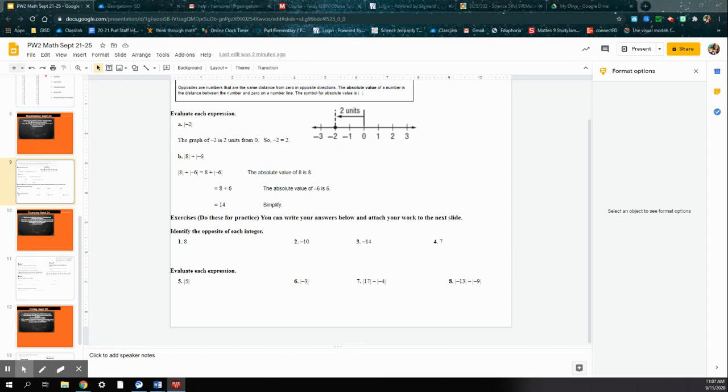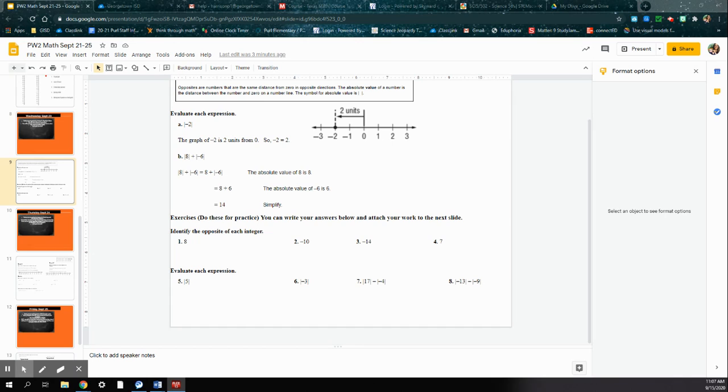Okay, so here are your notes for absolute value. I'm going to zoom out. So absolute value, again, is the distance between a number and 0 on a number line. Okay, so I did an example here. I did a number line, -3, -2, -1, 0, 1, 2, 3.